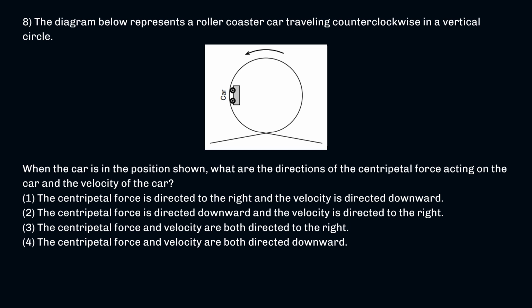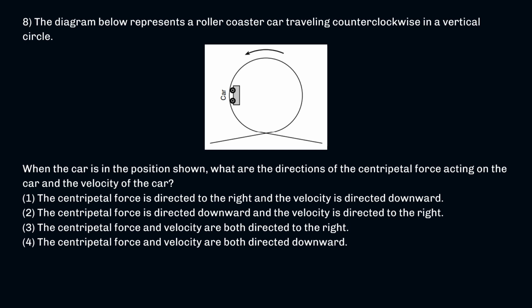So wherever my centripetal force is going to be, that's the direction of the acceleration as well. We're not really worried about the acceleration though, but think about Newton's second law. Wherever the direction of the sum of all forces, the net force, that's the direction of the acceleration of my object as well. In a circle, the sum of all forces is always going to be pointed to the center.